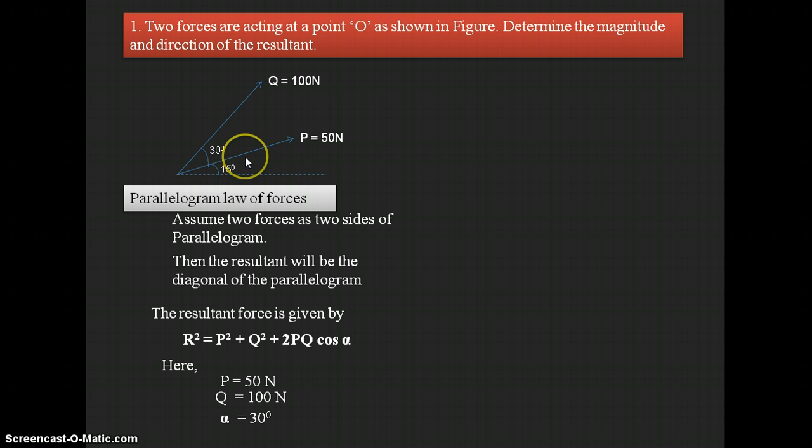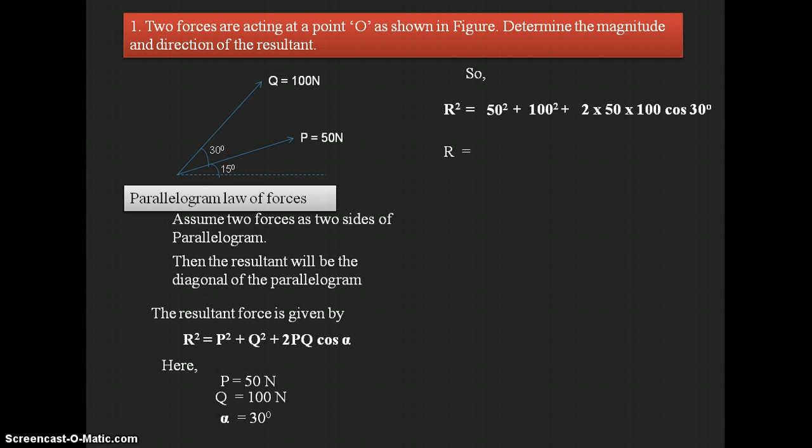Now substitute the values in the given formula for finding the resultant force. R square is equal to P square, that is 50 square, plus Q square, that is 100 square, plus 2PQ cos alpha, that is 2 into 50 into 100 into cos 30 degrees. By simplifying these values we can get the resultant force.